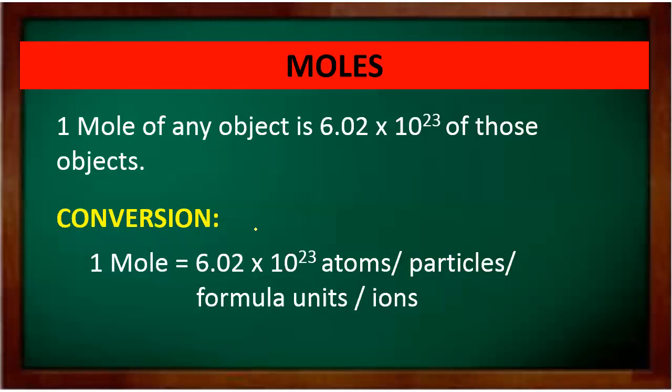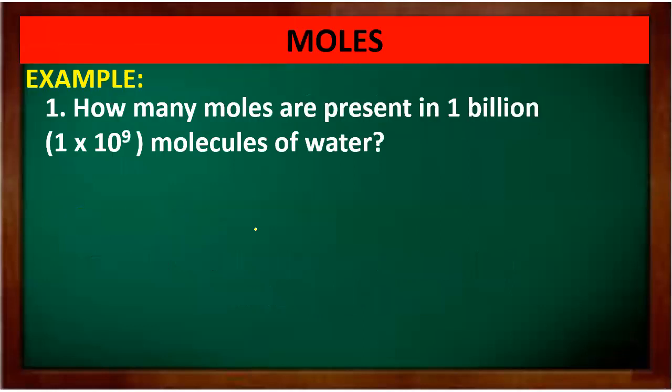So, let's try solving some problems converting moles from atoms, particles, formula units, and ions using the Avogadro's number. So example here, how many moles are present in 1 billion? So kung i-convert natin yung 1 billion kasi masyadong malaki yung value, kung isusulat natin ang daming zero.